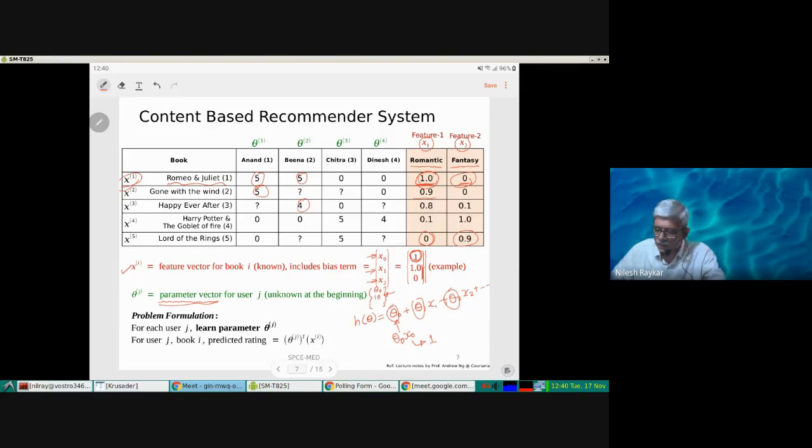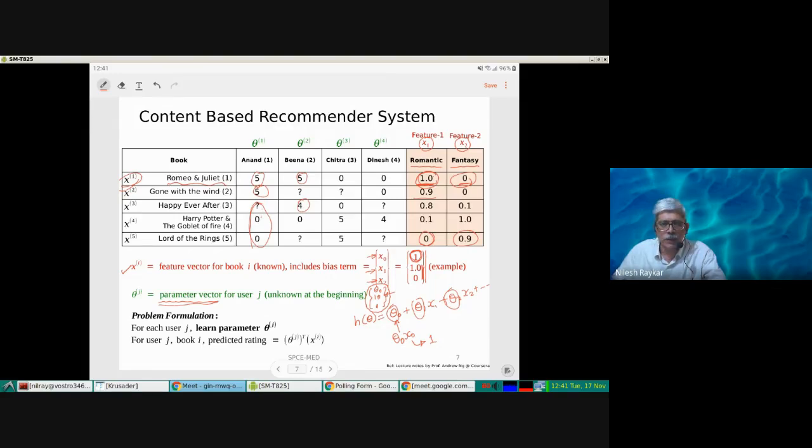And since it appears that he is not giving high ratings for fantasy books, his preference for fantasy may be low, maybe 1 or some low number. That is the user parameter vector for Anand. Similarly, the other users, that is Bina, Chitra, and Dinesh, will have other parameter vectors.